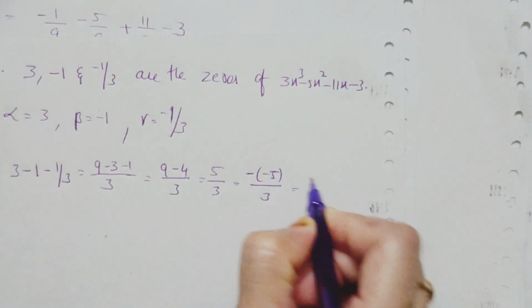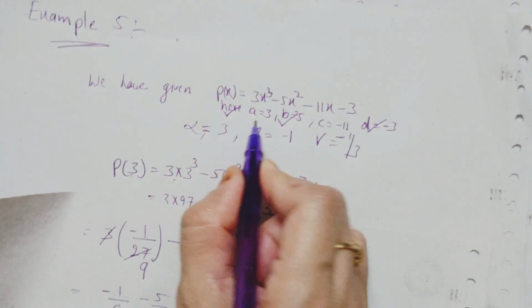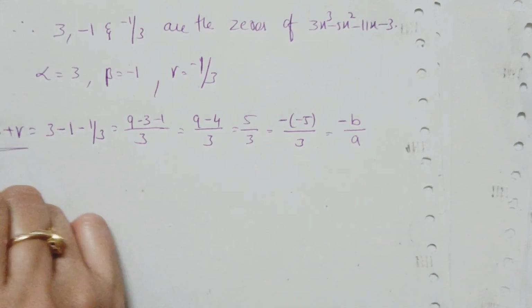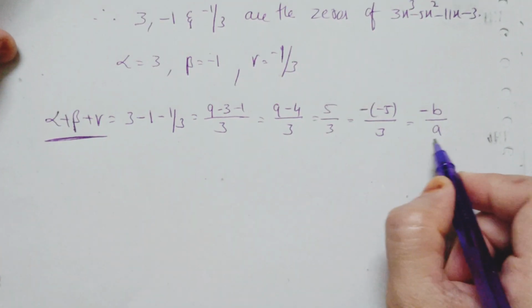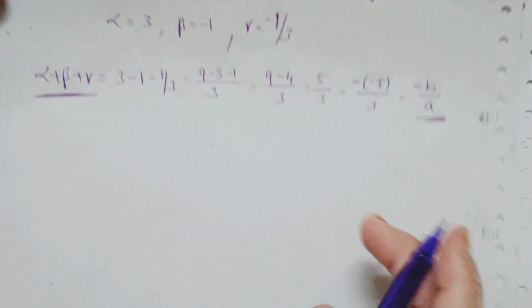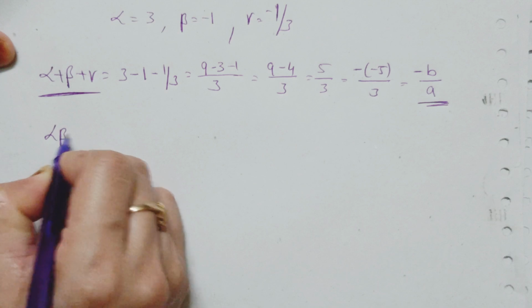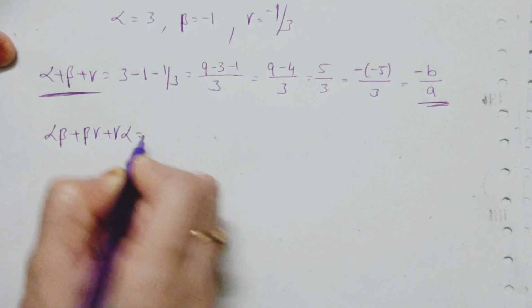So in the place of minus 5 I can write minus b, and what is 3? 3 means a, so minus b by a. So I told you the formula for sum of zeros is minus b by a. It is proved.